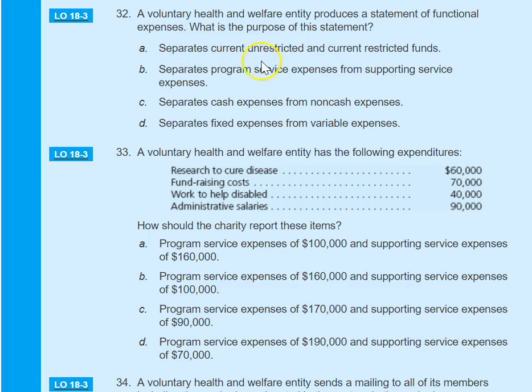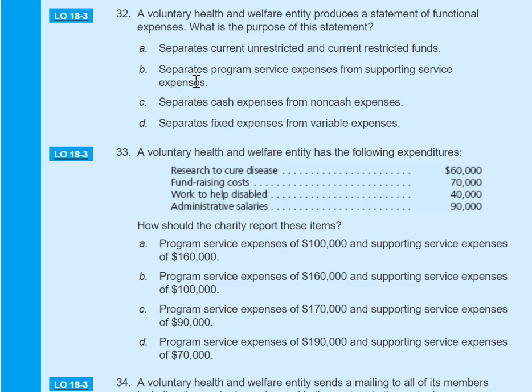So number 32, it says that they have this statement of functional expenses. So what's the purpose of this? Separates current unrestricted and current restricted funds? No, here they don't do that. Number B, yes, when they prepare this statement of functional expense, they separate all of their expenses into two categories. One is program service related expense, another is their supporting service.